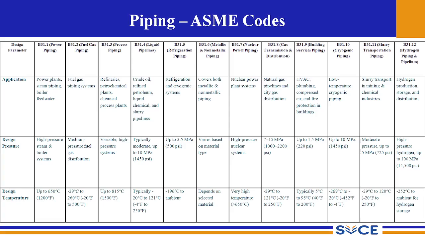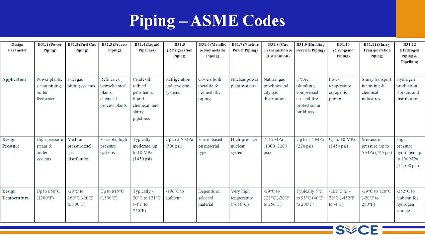If we look at B31.1, which is applicable to power piping, the application is for power plants, steam piping systems, and boiler feed water systems. And the corresponding design pressure will be high pressure steam and boiler systems. Then design temperature is up to 650 degrees centigrade.